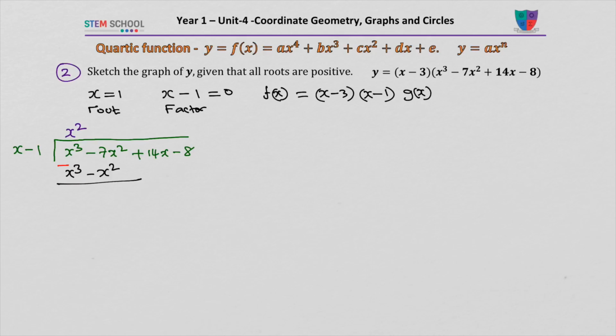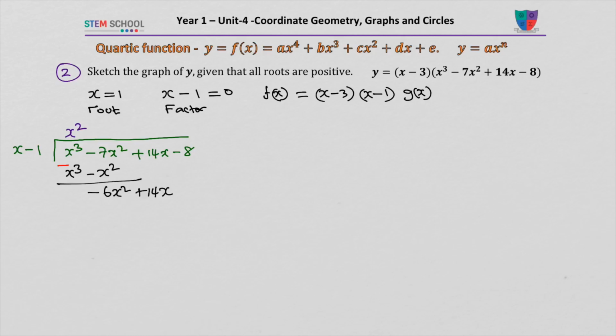Now I need to do minus 7x squared, minus minus is plus x squared. That will be minus 6x squared. I need to bring plus 14x down. Now, what can I multiply with x to get minus 6x squared?